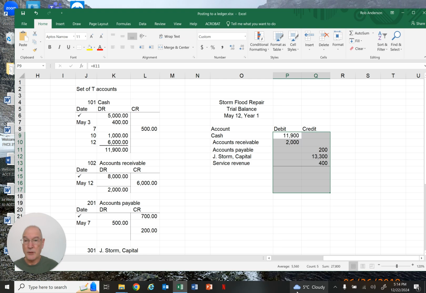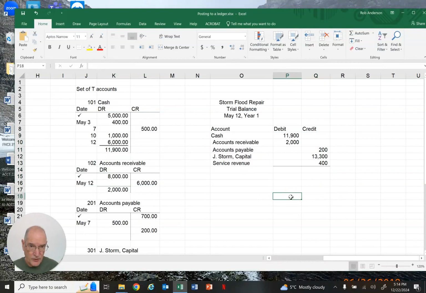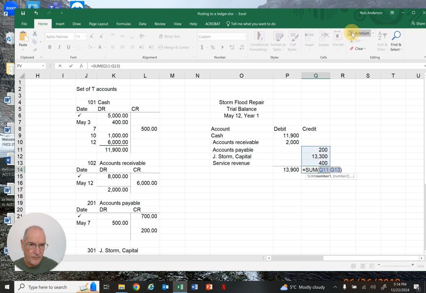So the question is, do we balance? Okay, so do we balance? Well, I'm going to sum up those numbers. I'm going to sum up these numbers. And they're both 13.9. That's really good news. You want these to balance.